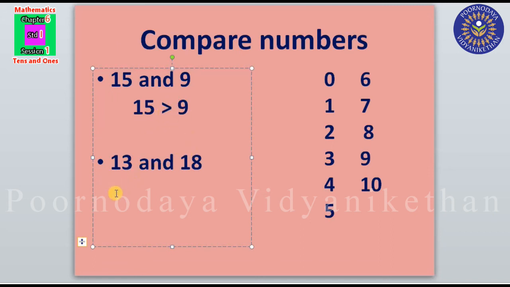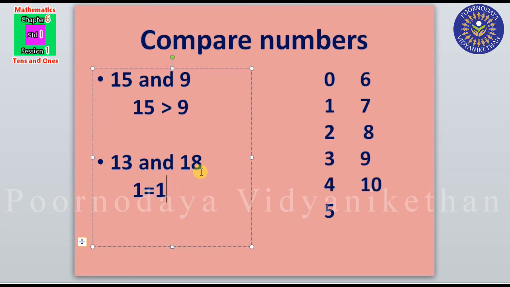Clear? The second question, 13 and 18. See, two-digit numbers. In 13, the tens place there is 1. In 18, the tens place there is also 1. We know 1 is equal to 1.